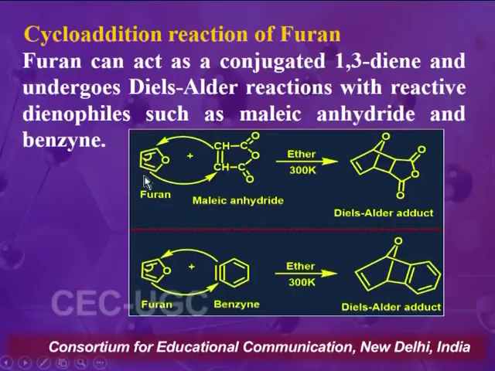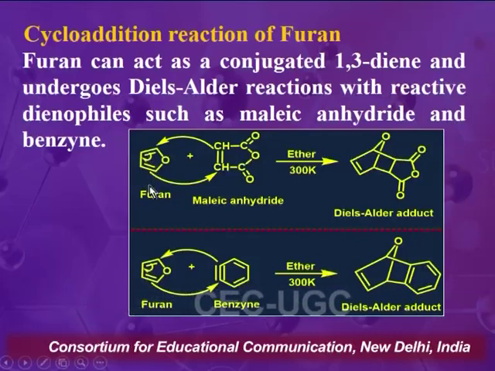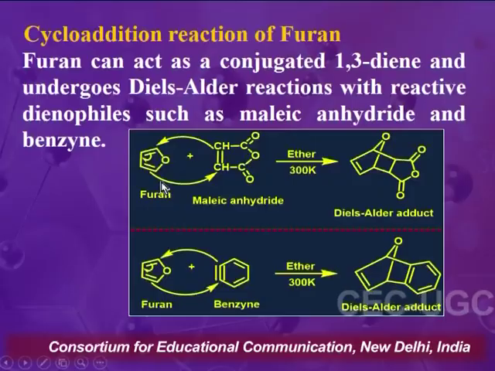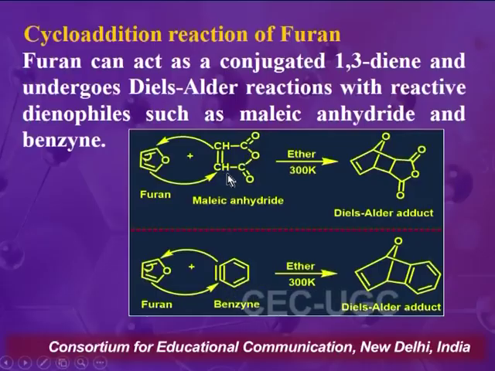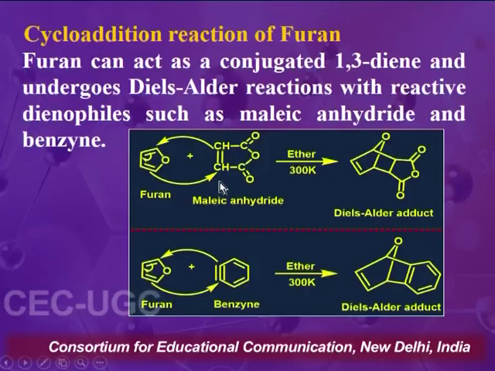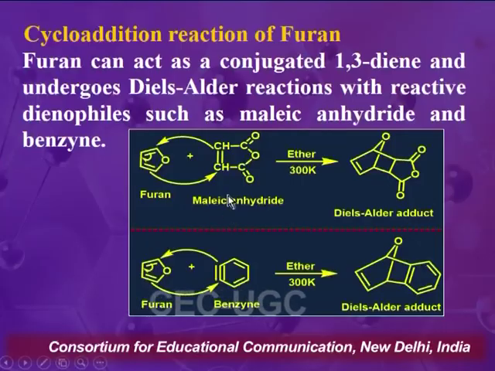Because of two double bonds in conjugation, it behaves like a 1,3-butadiene system. So when we have this diene system and we have a dienophile like maleic anhydride, there will be a 4+2 cycloaddition reaction between these two components, and it will produce the Diels-Alder product as the final product.